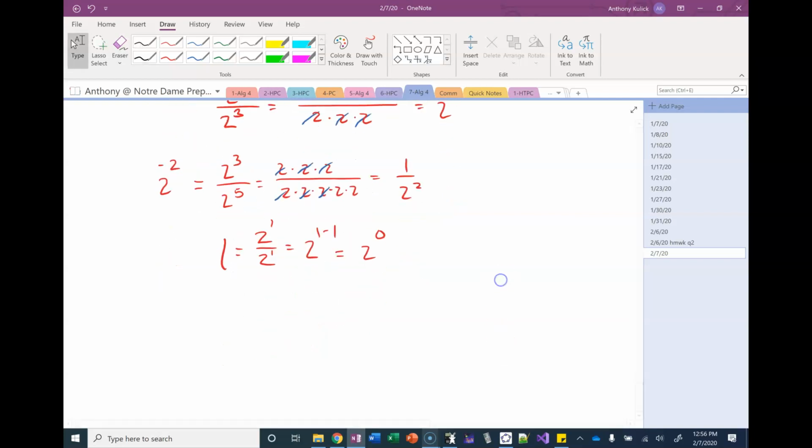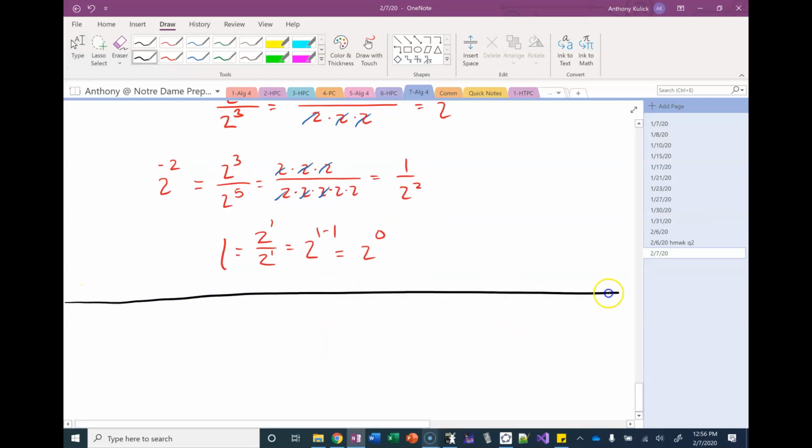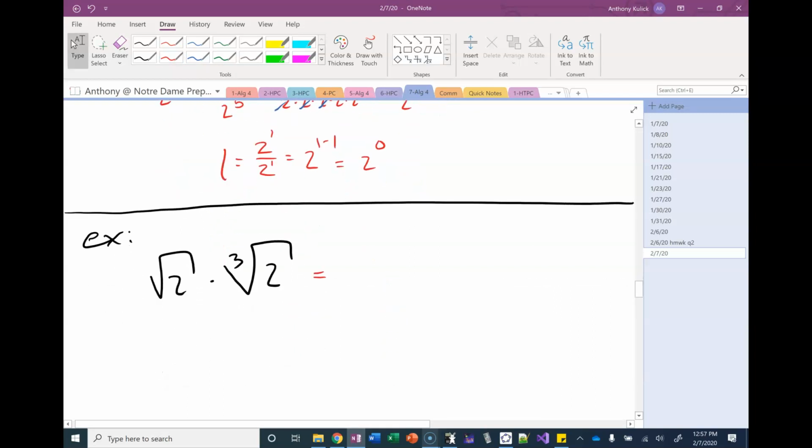So let's go back and think about the problem that we were really hoping to be able to solve, which was things like the square root of 2 times the cube root of 3. To do this problem, we're going to start by rewriting these two radicals in their exponential forms. So how can I rewrite square root of 2 in exponential form?